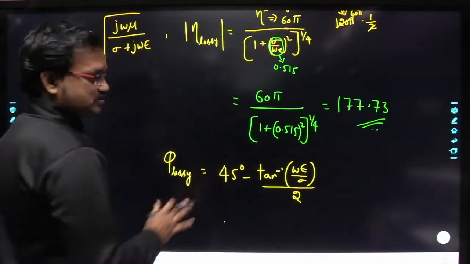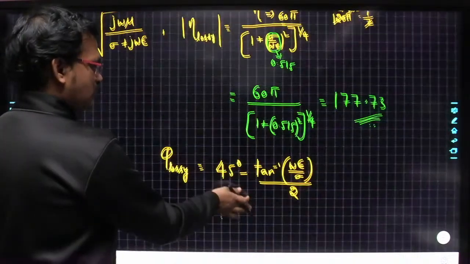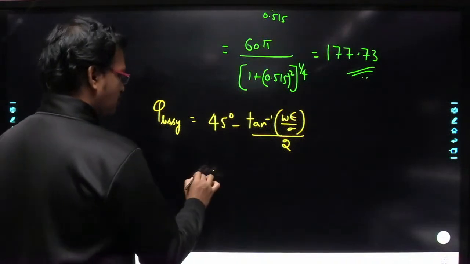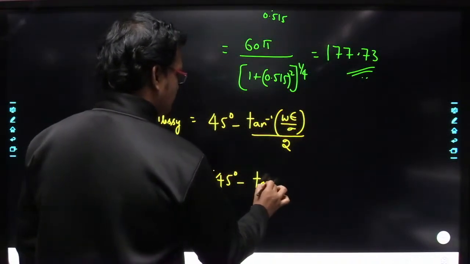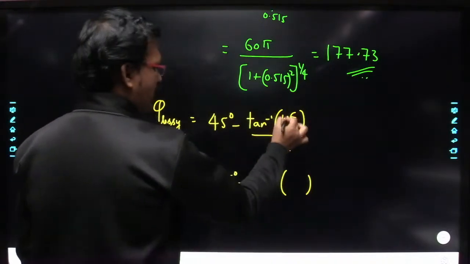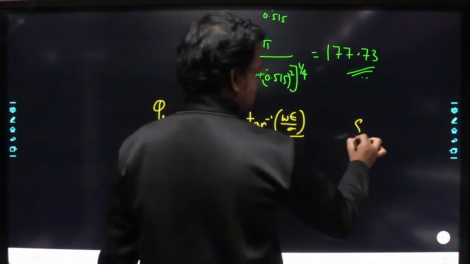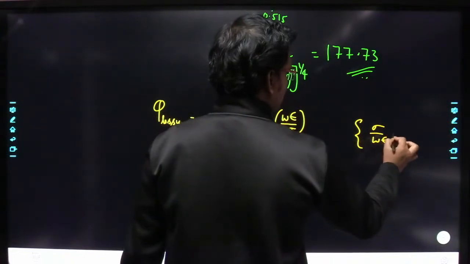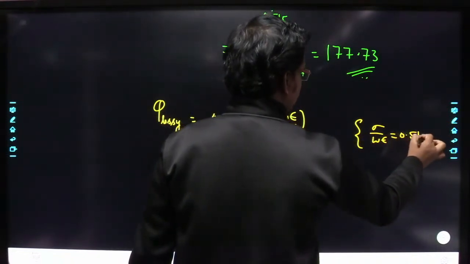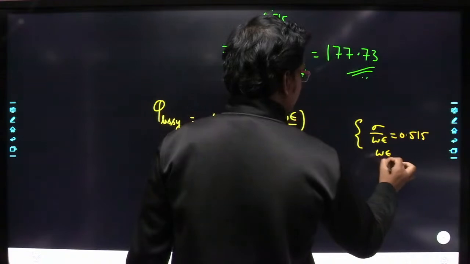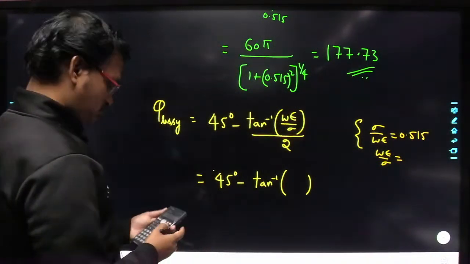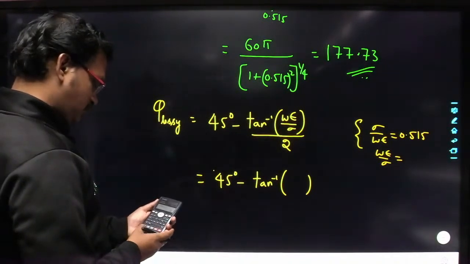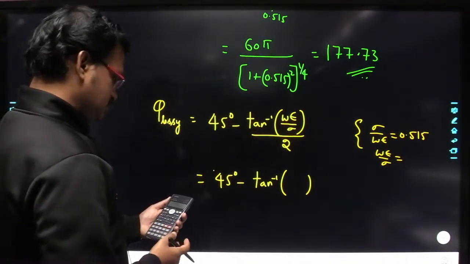Now, 45 degrees minus tan inverse of omega epsilon by sigma. We know that sigma by omega epsilon is 0.515, so omega epsilon by sigma will be approximately 2 or so.